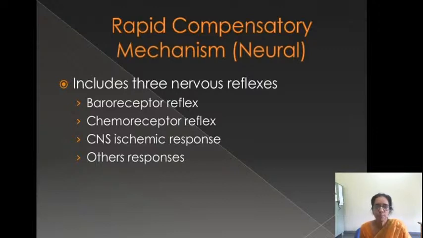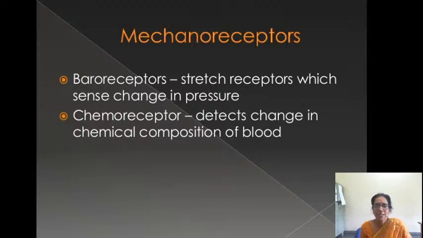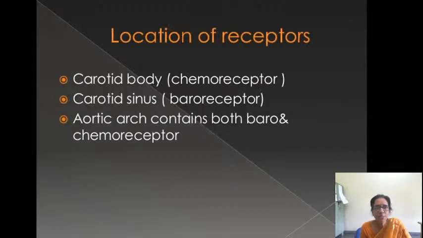Coming one by one, baroreceptor reflex. Baroreceptors are stretch receptors which sense changes in pressure. Whenever the pressure is less or more, they sense it very quickly. So where are these baroreceptors present?